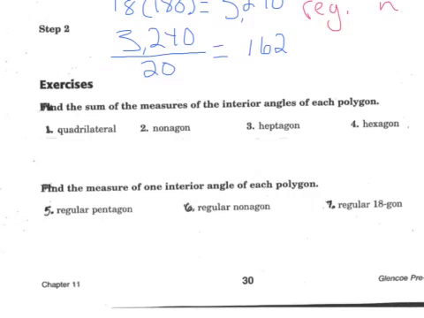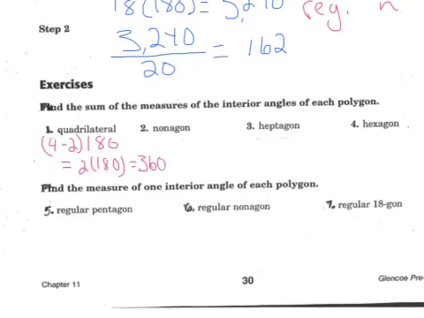We want to find the sum of the measures of the interior angles of each polygon. So we're going to do a quadrilateral first. A quadrilateral has 4 sides. So if we use our formula, 4 minus 2 times 180 is going to give us 2 times 180, which I believe is 360 degrees.